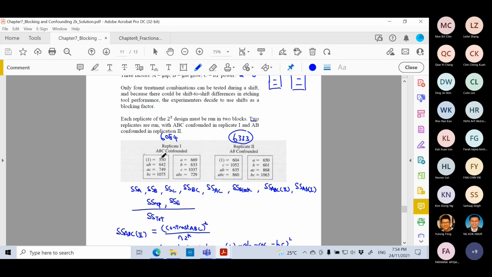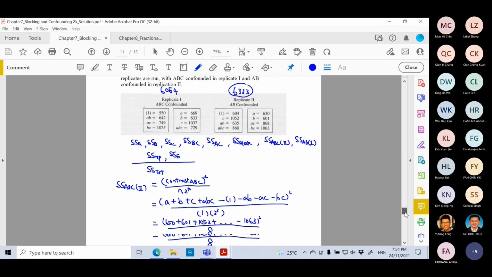In replicate 1, ABC is confounded. For replicate 2, AB is confounded. So if you want the sum of squares for the block, we total the confounding from the first one and the confounding from the second one. Then we get the sum of squares for the block.